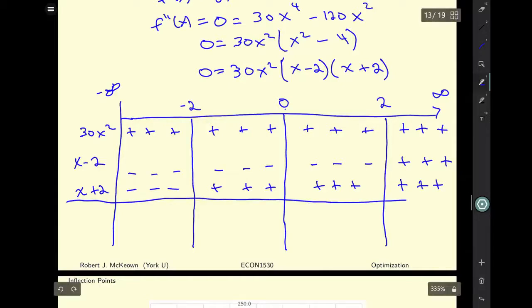Now we're ready. If x is less than negative 2, we're going to have a negative times a positive, so this whole thing is going to be positive. And if the second derivative is positive, it's going to be convex. If x is less than 0, but greater than negative 2, it's going to be negative. So it's going to be concave.